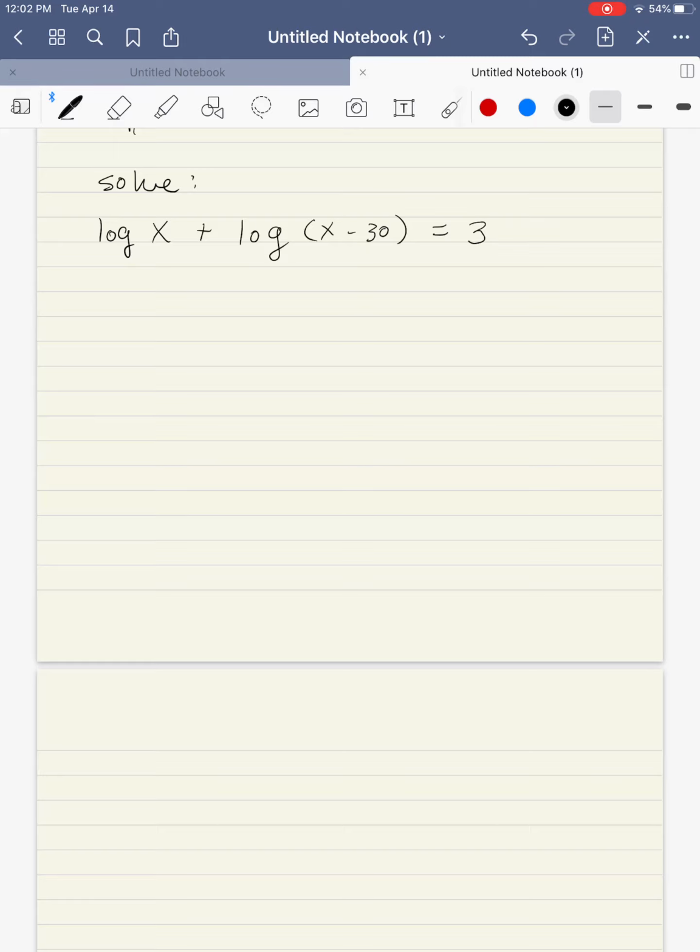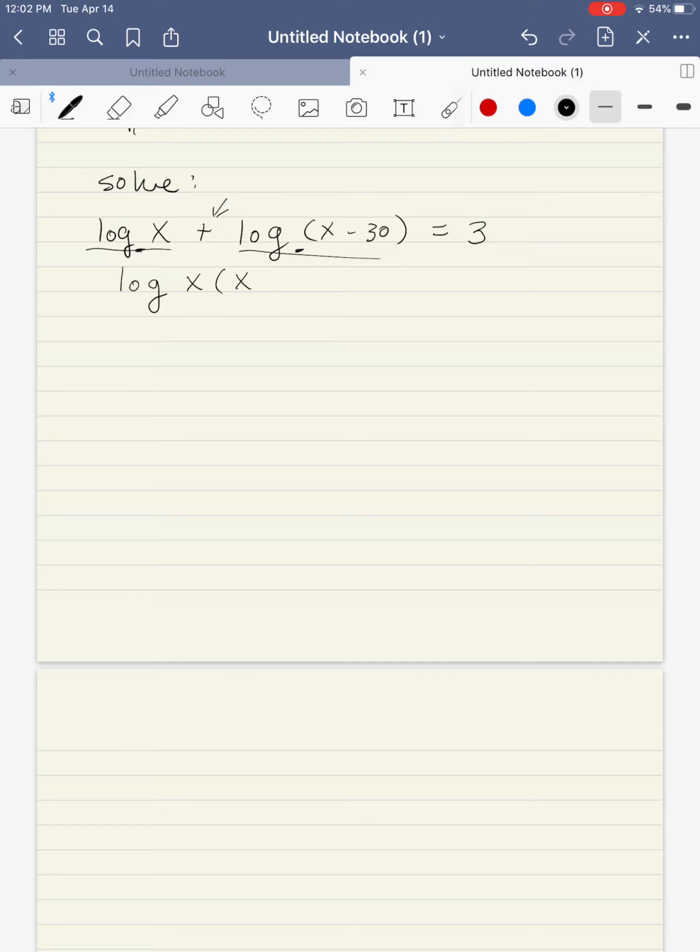All right, our first step is to get all of our logarithms on one side and all of our numbers on the other side, and we see that we already have that on this one. Our second step is to rewrite our two logarithms as a single logarithm. We have the same base, our understood 10, so we can combine them.